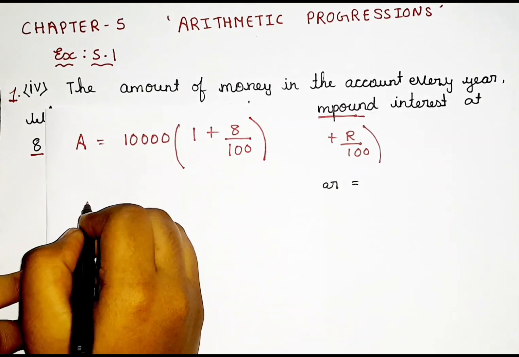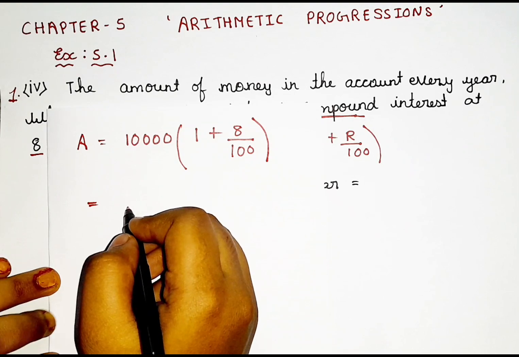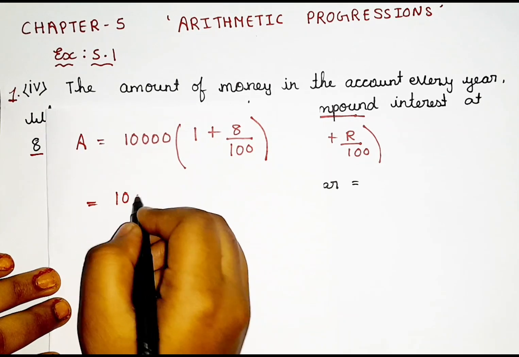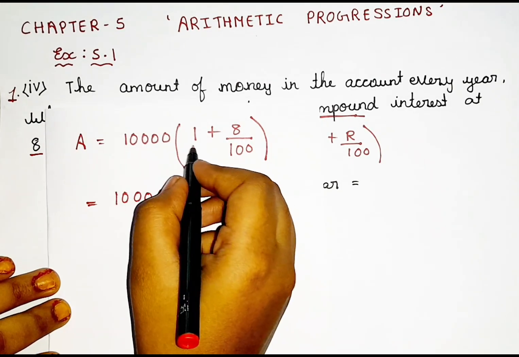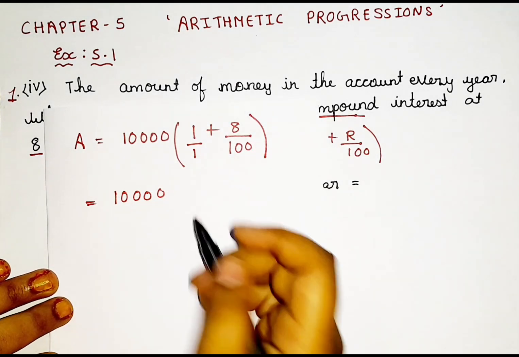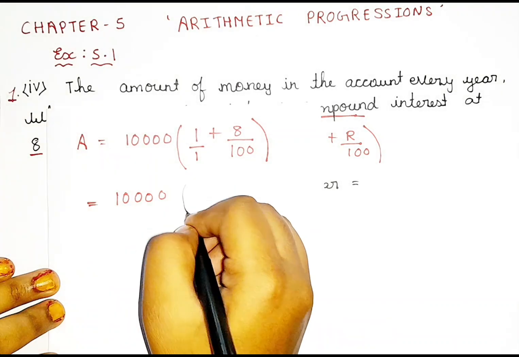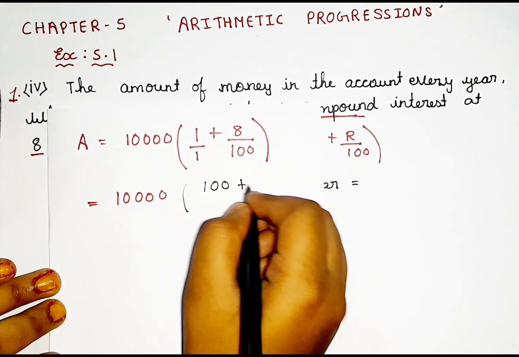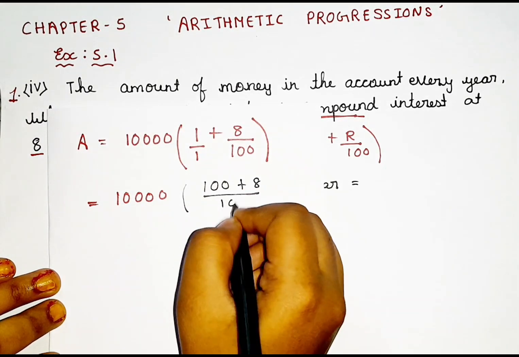Now, wait one second. Here when we write 1 as divided by 1, we can take the LCM. When we take the LCM, we get (100 plus 8) divided by 100.